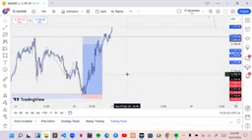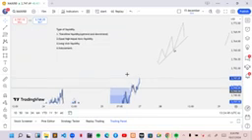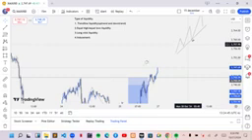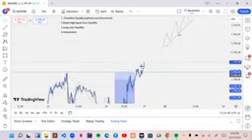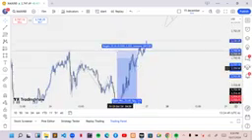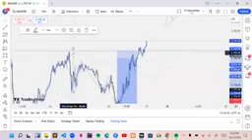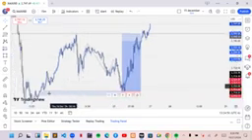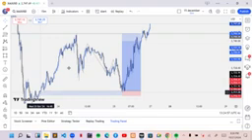So knowing the pattern the market is following at that particular moment as it approaches your point of interest will tell you exactly where to take your profit. Like I said, once there's a trend, there's liquidity being accumulated on the opposite side of it. So market was in a downtrend here, making a series of lower highs and lower lows while approaching my point of interest that I kept for a buy.